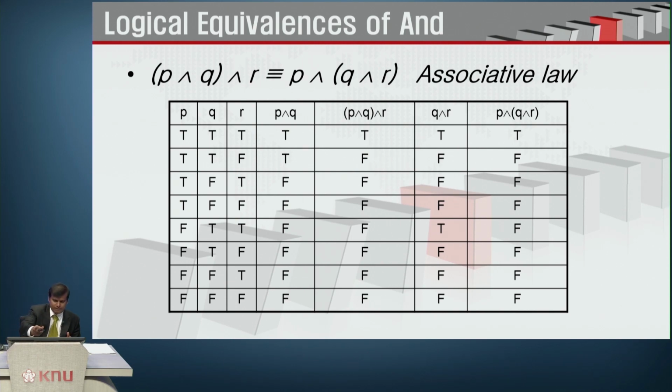We have this part over here and this part over here. You can see again they are equivalent. So we can prove this property of the associative law with regard to the AND operation; they are equivalent.